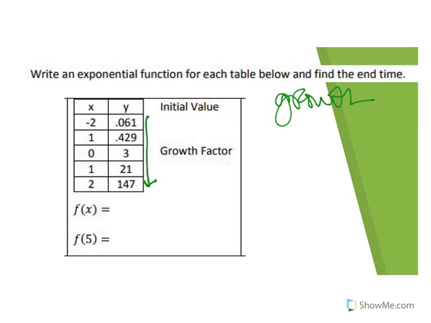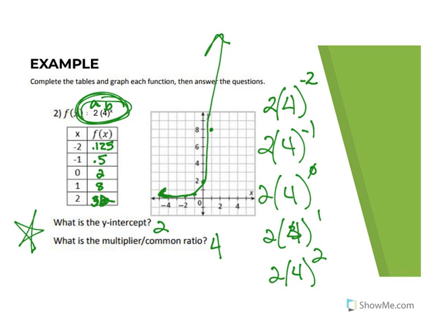So notice now we have a filled-in table, and we want to know what's the growth factor, what's the initial value, and then what would the equation be, okay? Well, notice here we have growth. Our numbers are going up, right? Okay, and remember that our initial value or our y-intercept is a. It's that number, right? Well, when we look in the table, the number that's with our 0, where x is 0, that's our y-intercept.